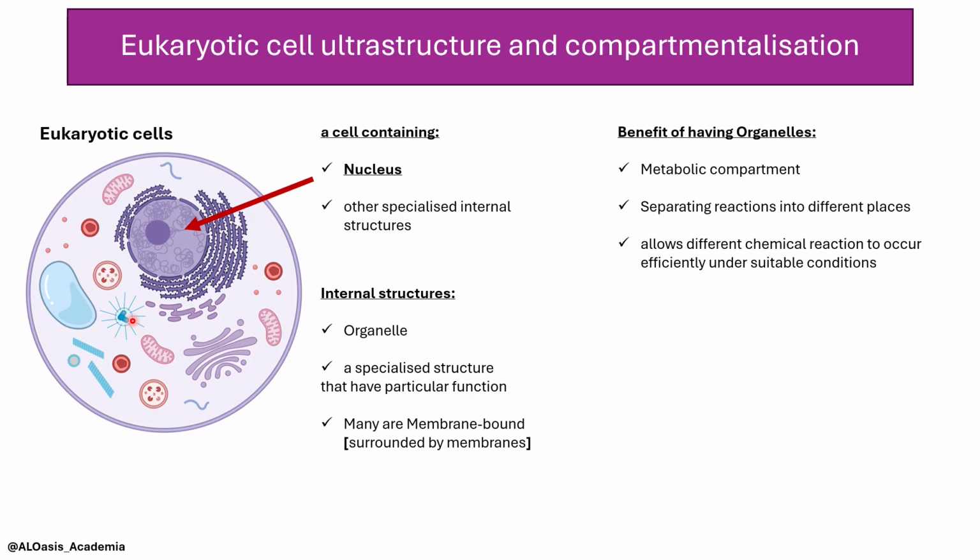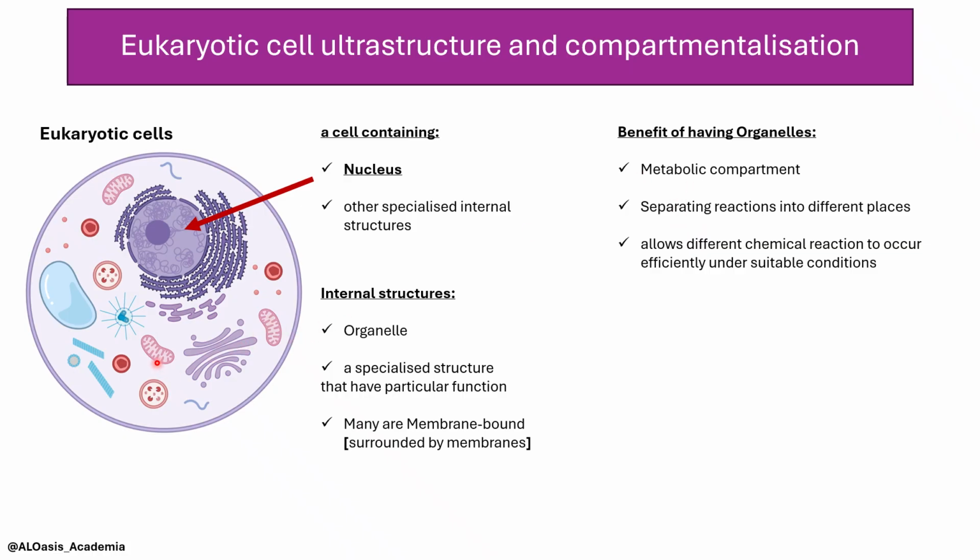So the cell cannot have both pH at the same time if the cell doesn't have these compartments, what we call organelles. So the first benefit of having organelles is allowing the cell to have separate reactions in different places. So they act as metabolic compartments.